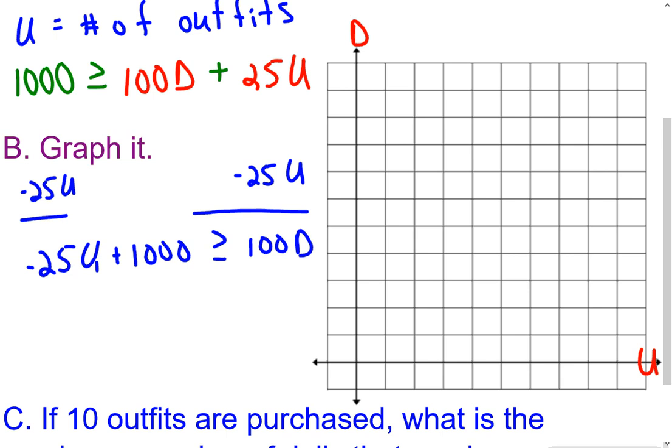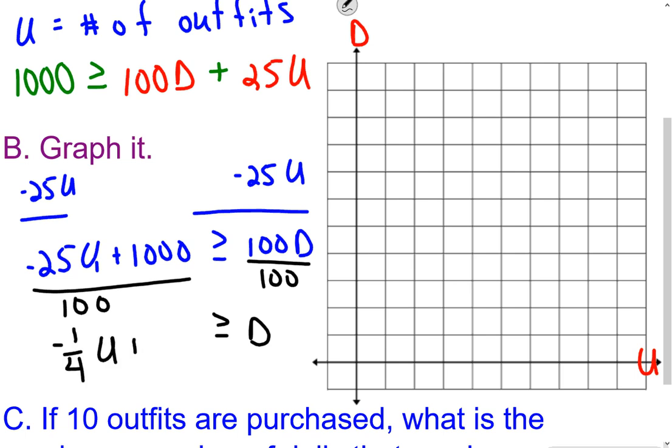And now I have to divide both sides by 100. And I have d is less than or equal to negative 1/4 u plus 10. There we go.